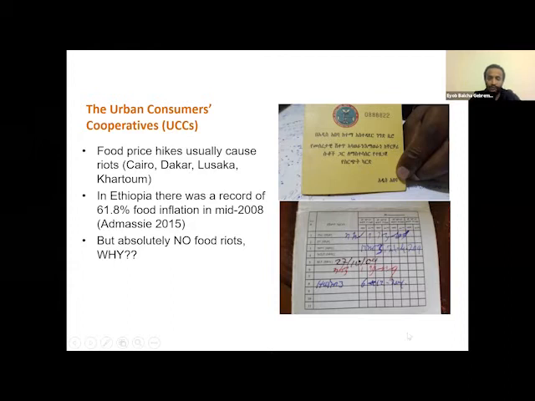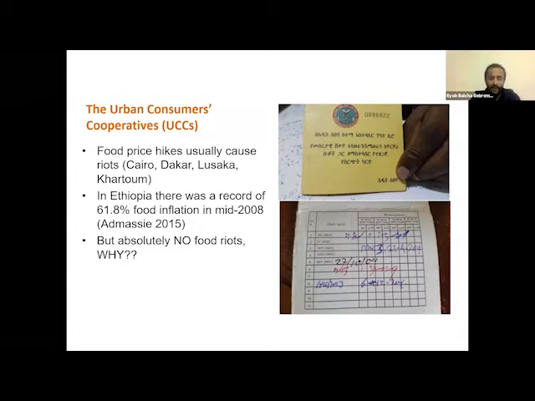These urban consumers cooperatives managed to mobilize a huge number of people within their structure. The ruling party benefited by not having the urban poor turn against its political programs, and the urban poor, who were at the mercy of a market not in their favor, with artificially created price hikes and hoarding of items, also benefited. They collaborated with each other.